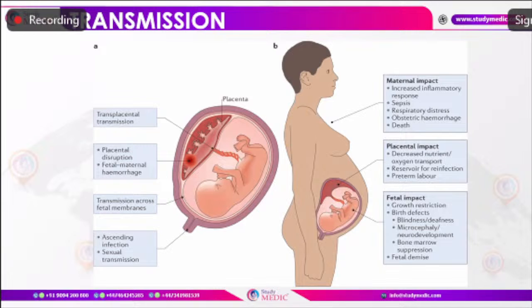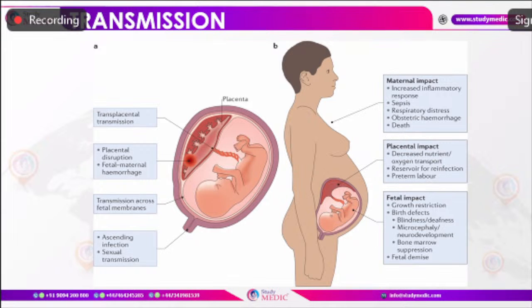Regarding transmission, most of the infections in pregnancy can be spread by transplacental transmission, whenever there is a disruption in the placenta or there is a fetal-maternal hemorrhage, it can lead to a source of infection. It can traverse the fetal membranes, or it can be an ascending infection right down from the vagina, the most common one being GBS.